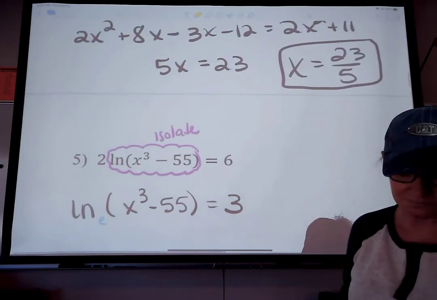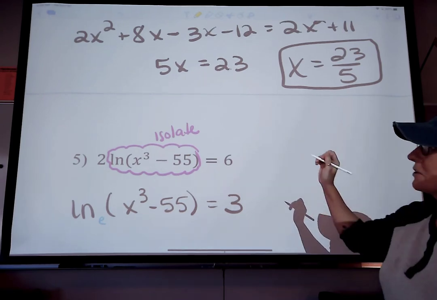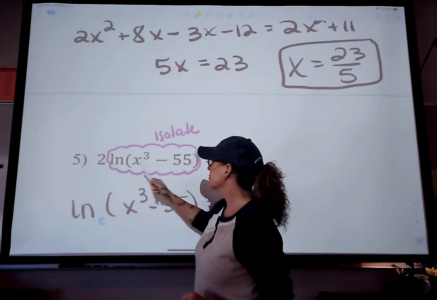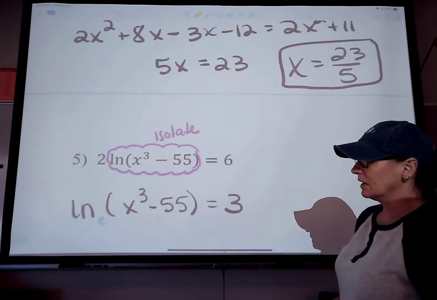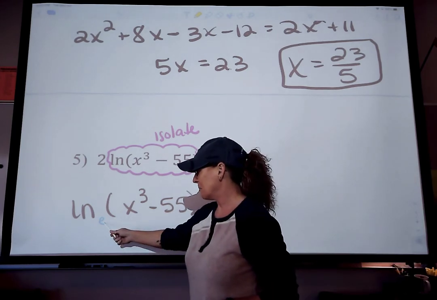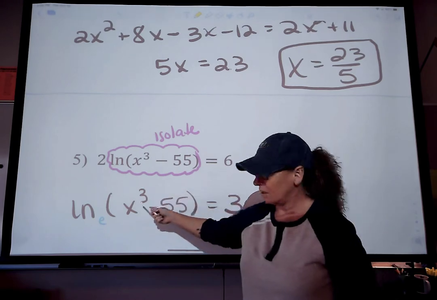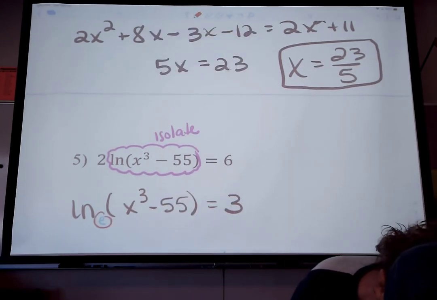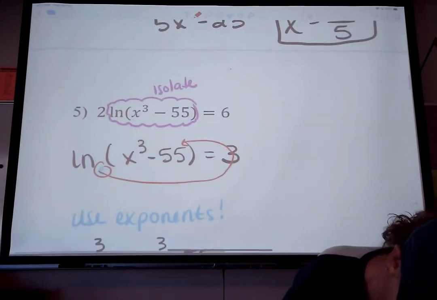Next one. I put one single logarithm in a pink cloud and reminded you to isolate it, so get rid of the 2. And then I also reminded you that your base was e. So you can go e to the equals that mess.